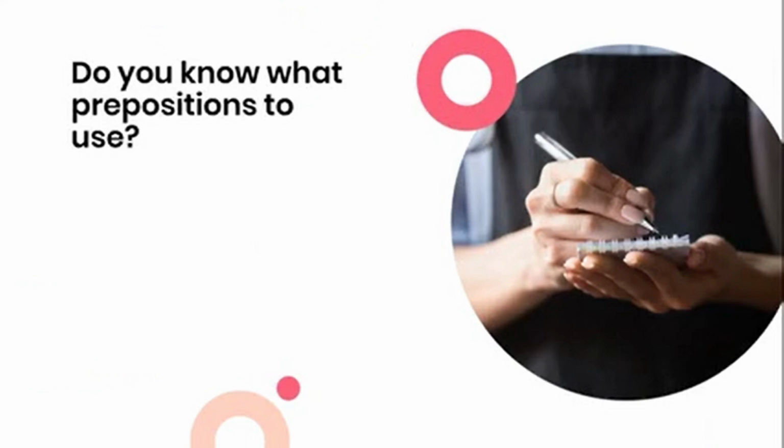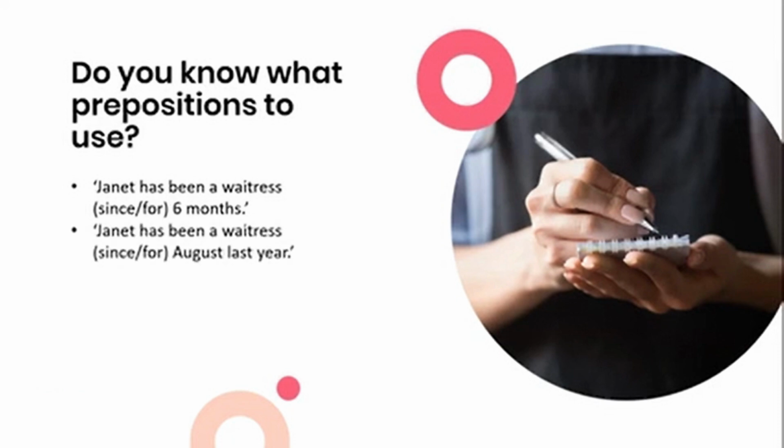Let's move on to another common error. Do you know what prepositions to use in these sentences? Janet has been a waitress since or for 6 months. Janet has been a waitress since or for August last year.